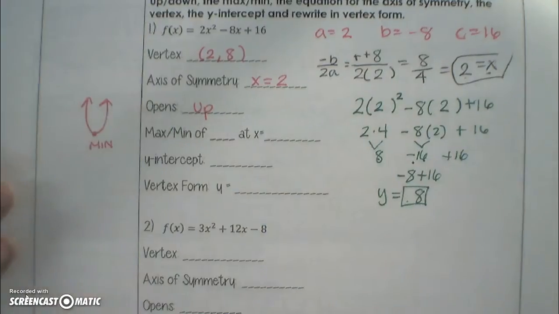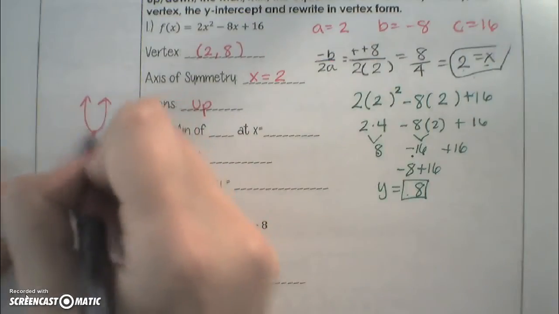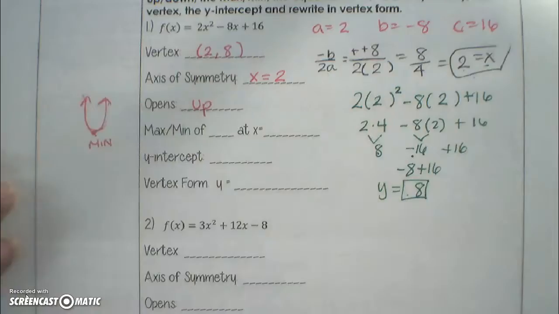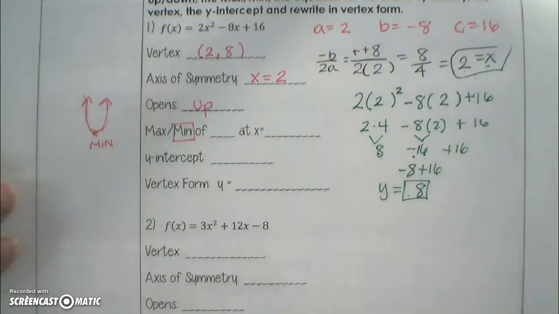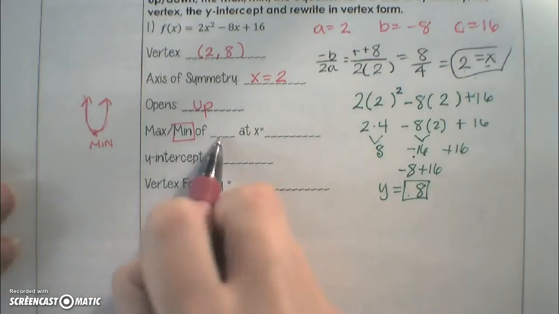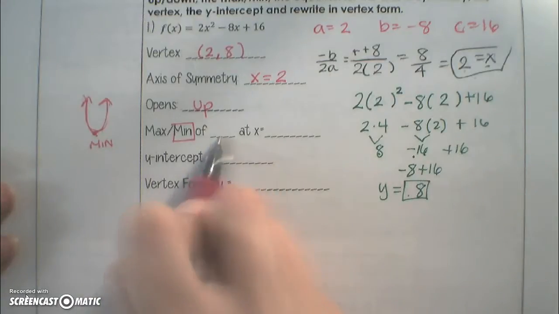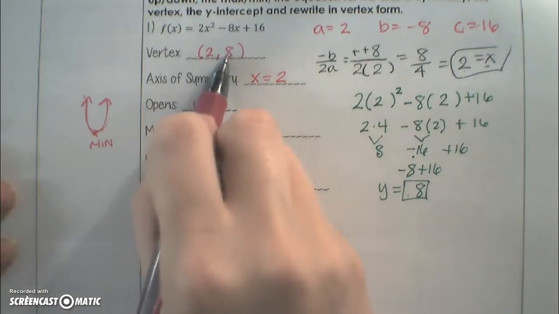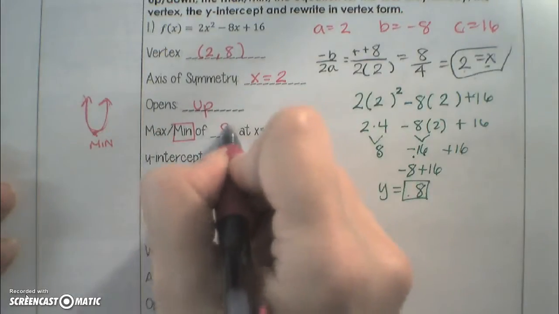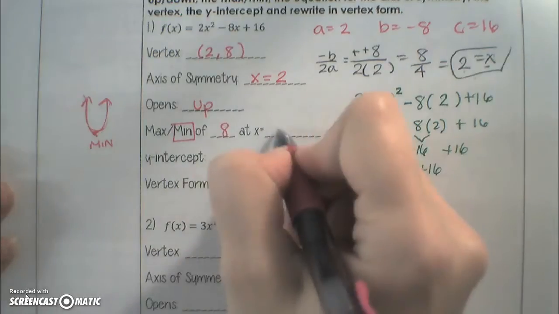Kind of down there we have a hole dug, and we have a minimum value when it's opening up. So I want you to circle or box in minimum. And then our y value goes here, and our x value goes here, which we've already got. So a minimum of 8, that's how far down we are, at x equals 2.